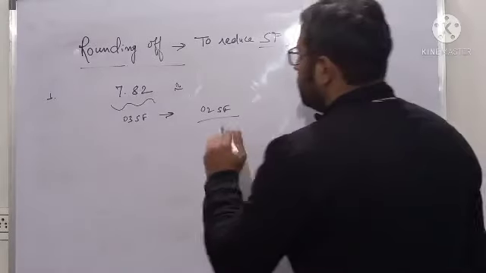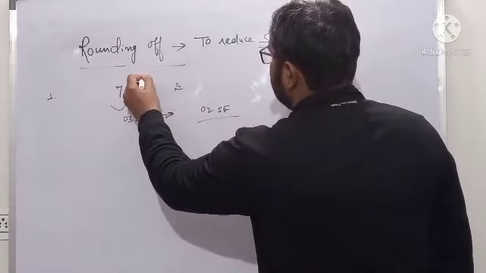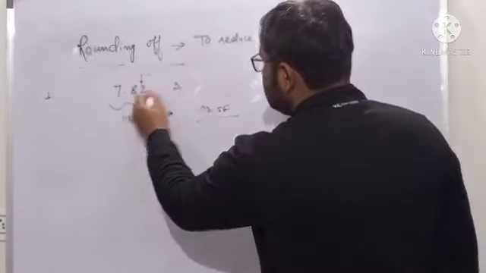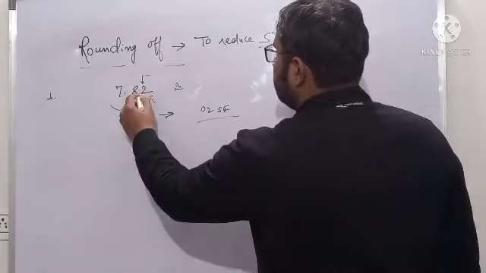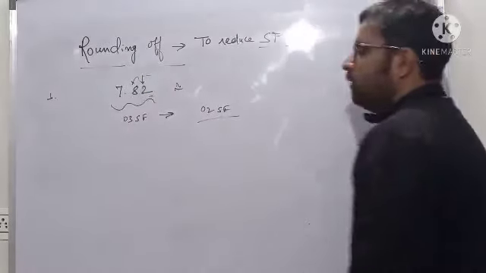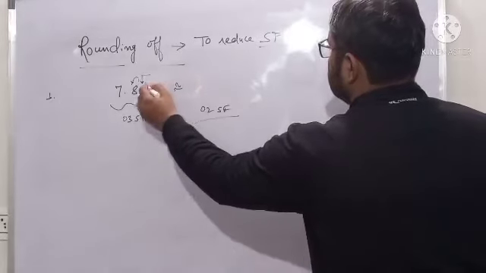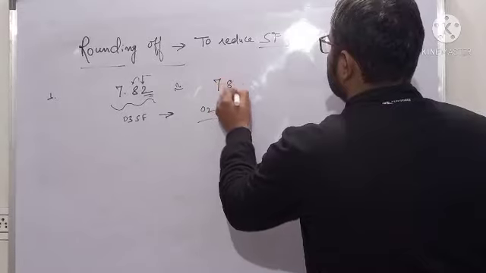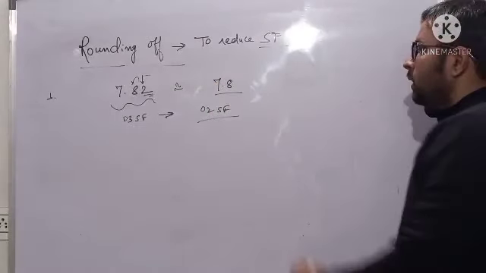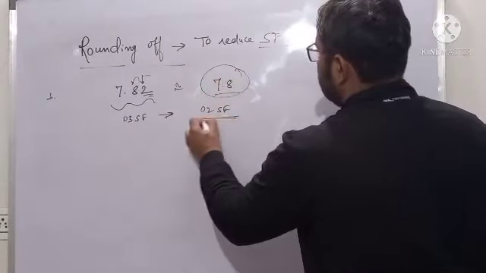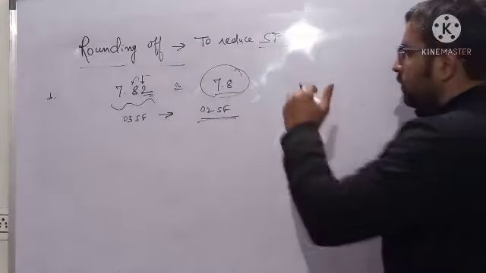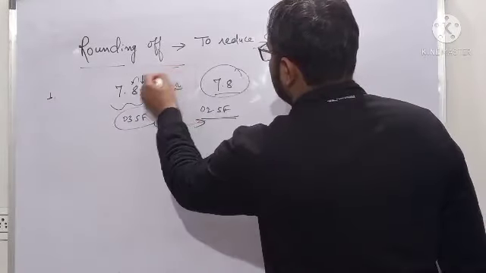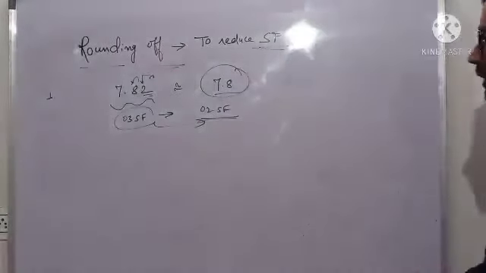So my first rule says that if the number which is to be dropped is less than 5, then the preceding number will remain the same. So this number is less than 5. So what will be my rounding off? 7.8. It has how many significant figures? 2 significant figures. What is the purpose of rounding off? To reduce significant figures. This I am doing by rounding off. So this is my rule number 1.